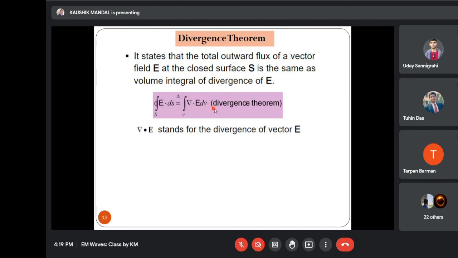The divergence of E stands for the divergence of vector E that we discussed earlier. So the divergence theorem states that the total outward flux of a vector field at any closed surface, that is the surface integral of the vector field with the corresponding surface, will be equal to the volume integral of the divergence of E.